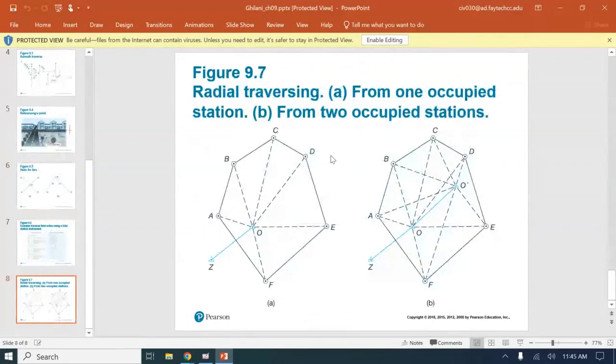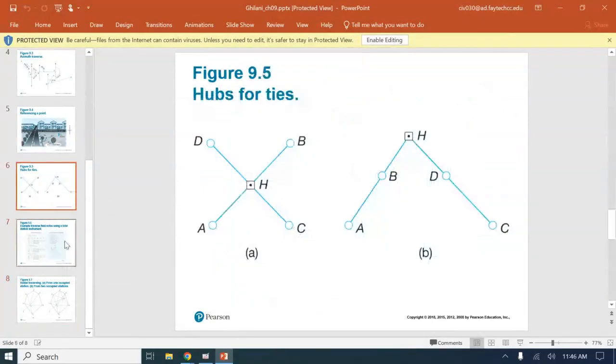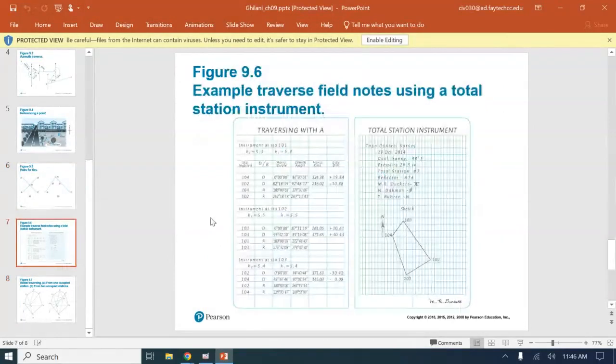Traversing, we just did in the field, when you were locating points, we set up on one and shot as many building corners as we could, and stayed on 4 and shot as many building corners. That's what you would call radial traversing. So we're going to have notes for that. We were traversing, we did our angles in the field. That's all 9 is.